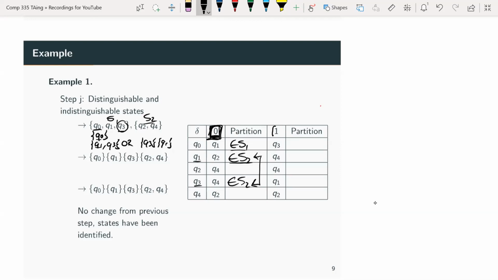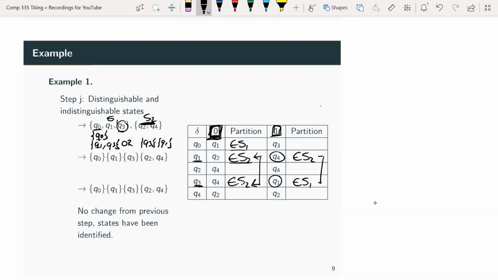So the second symbol here is 1. Now let's check for Q1 and Q3 what the partitions are when they read a 1. When Q1 sees a 1, it goes to Q4. I know that that's part of S2, because that's what I've labeled the partition Q2, Q4 as. When Q3 reads a 1, it doesn't go into S2, it goes to S1, because it goes to Q1, and the state Q1 is part of partition S1.